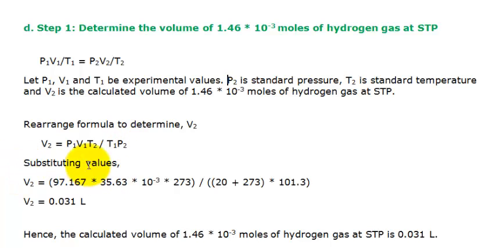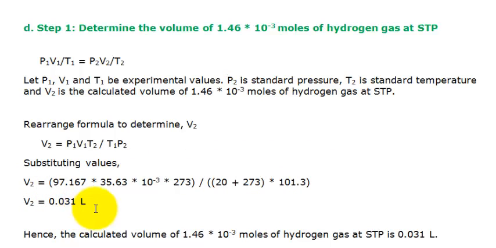Now substituting values, V2 equals 97.167 times 35.63 times 10 to the power of negative 3 times 273 divided by 20 plus 273 times 101.3.